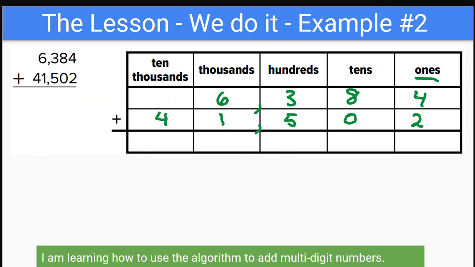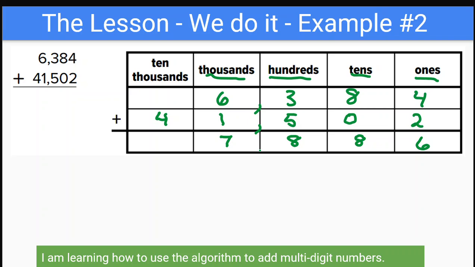We start with the ones. 4 plus 2 is 6. And then we do the tens. We have 8 tens plus no tens equals 8 tens. Then we do the hundreds. We have 3 hundreds plus 5 hundreds equals 8 hundreds. And then we do the thousands. 6,000 plus 1,000 is 7,000.